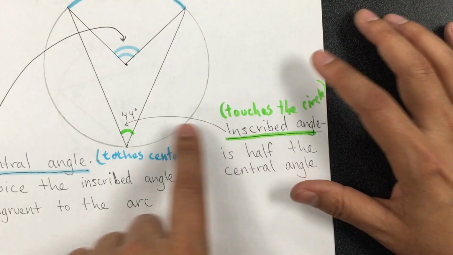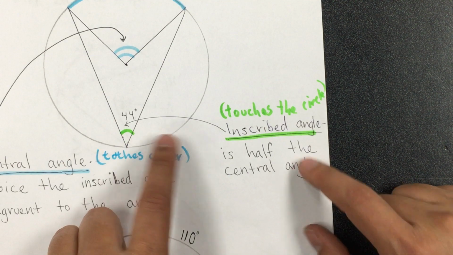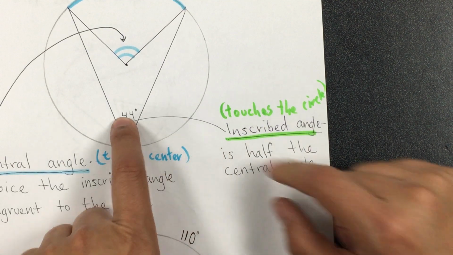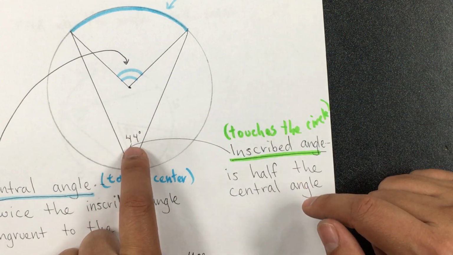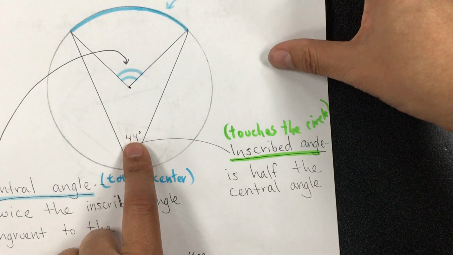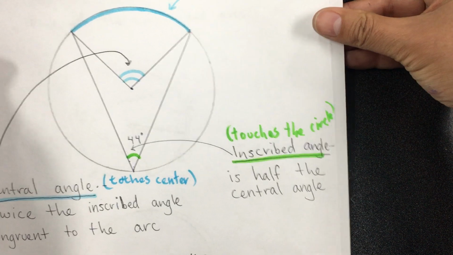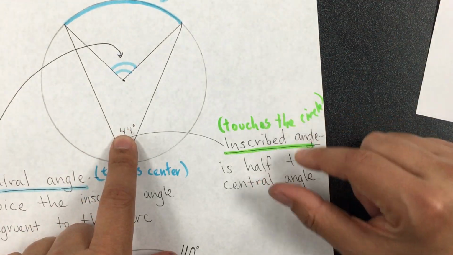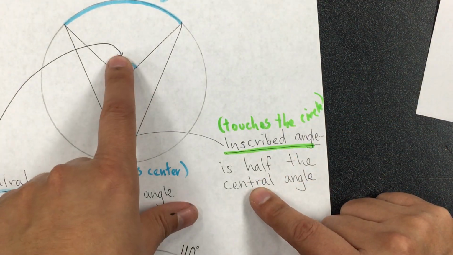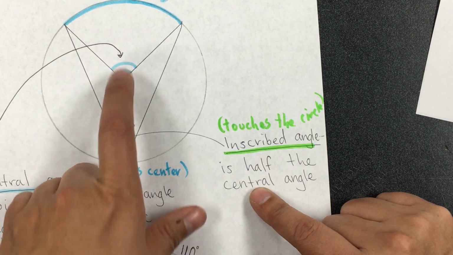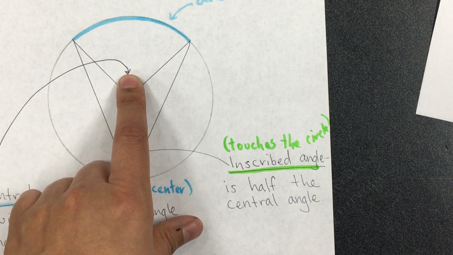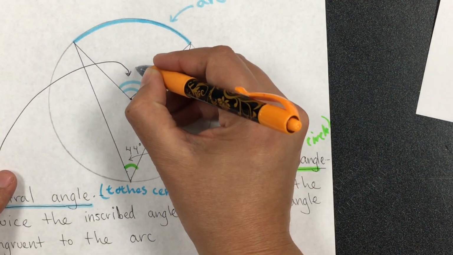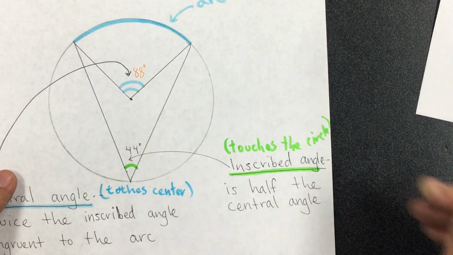So for example, if this inscribed angle, which is half the central angle, is 44 degrees, remember that the inscribed angle is half of the central angle. So if this is 44, this will be 88 degrees.